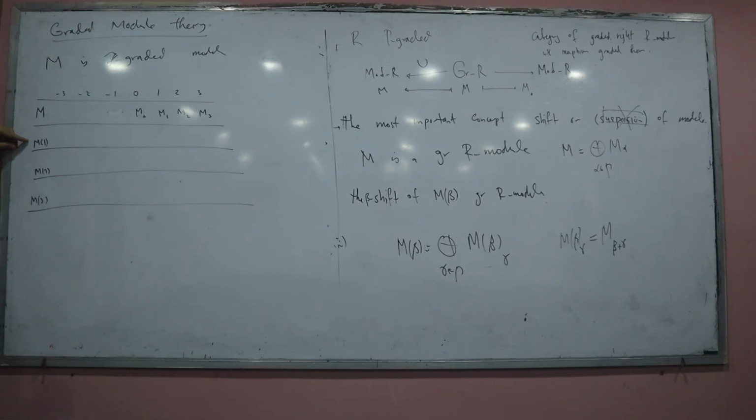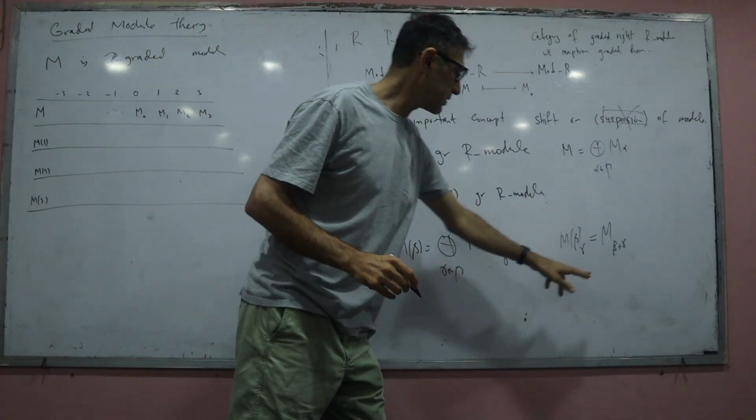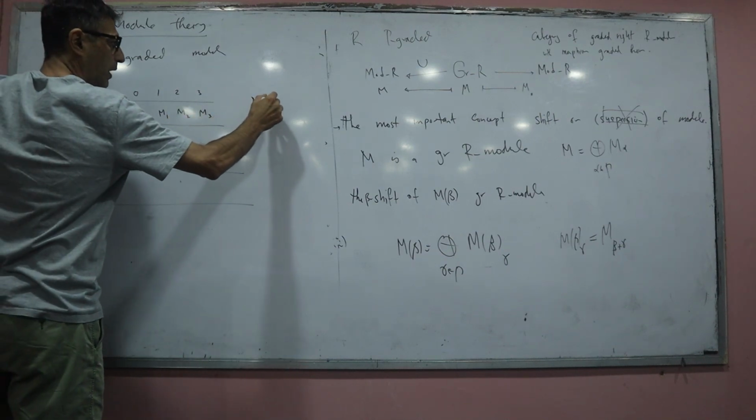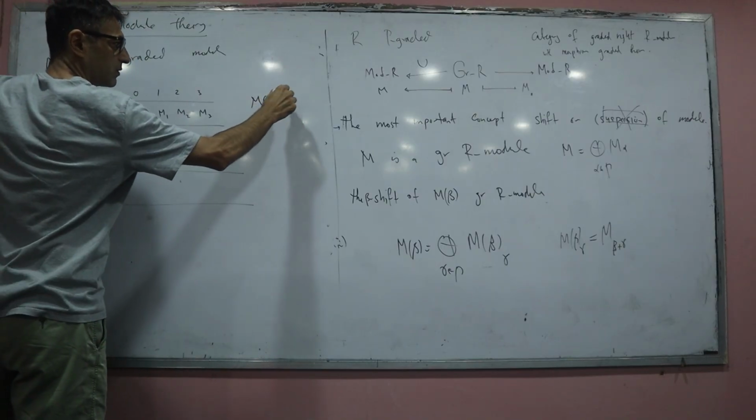Can you tell me now the components of the shift of M by 1? Now you have to stare at this definition here. Tell me the component of degree 0. It's 1 plus 0, which is M1.